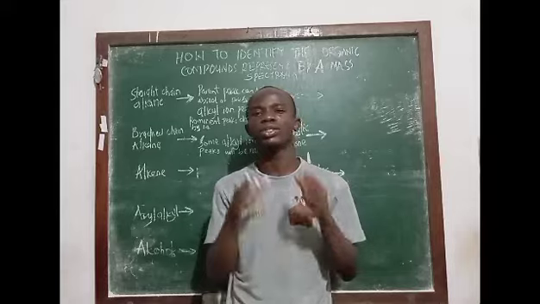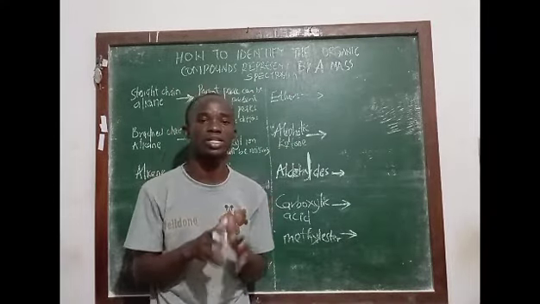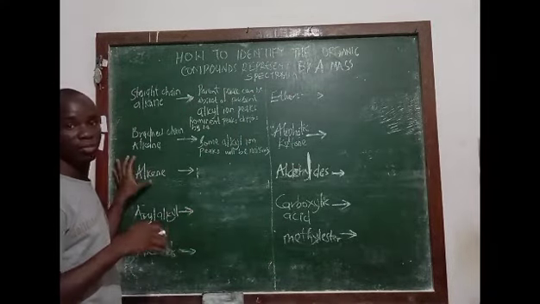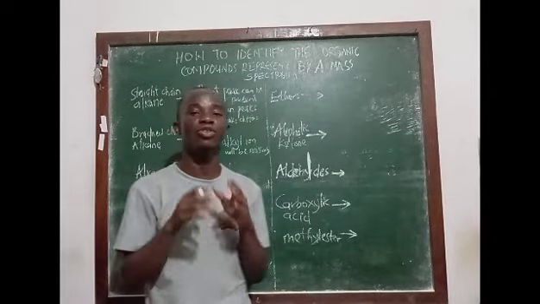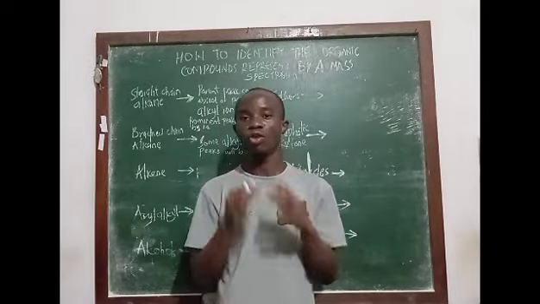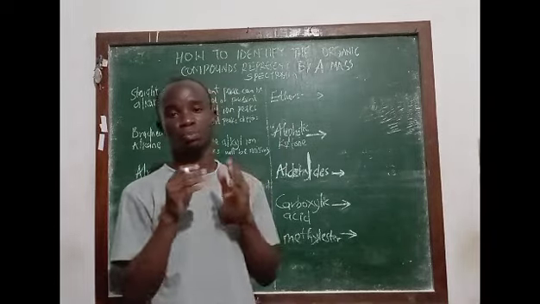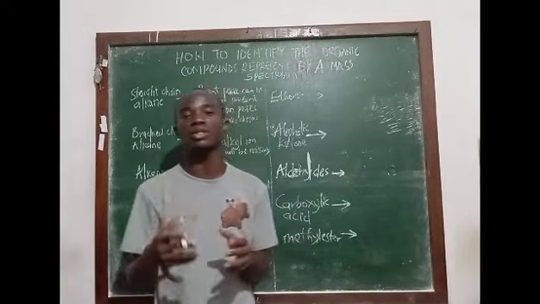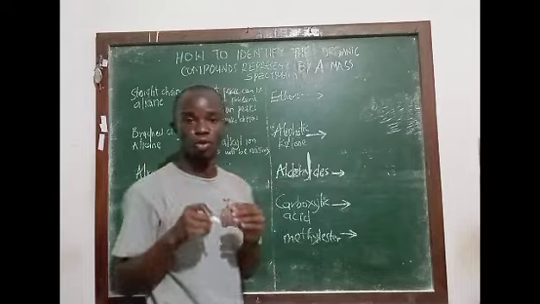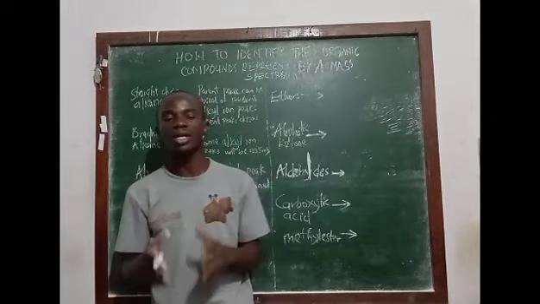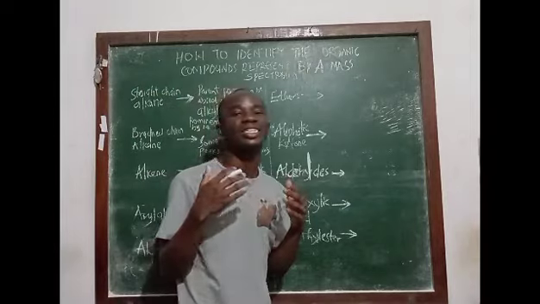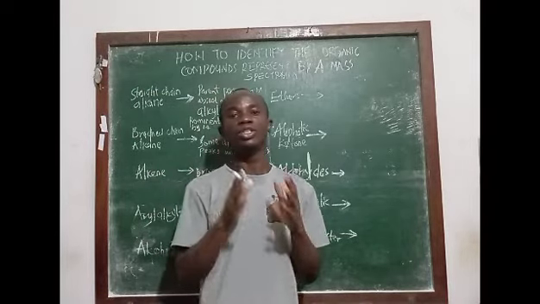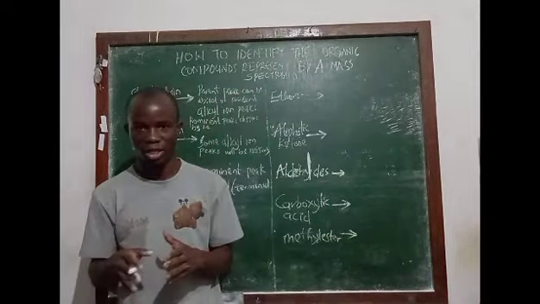Another class of compound that a mass spectrum can represent is an alkene. For alkenes generally, especially for the terminal alkenes, you always see a prominent peak at the mass to charge ratio equal to 41. By terminal alkenes, it implies that the double bond is at the end of the given alkene.